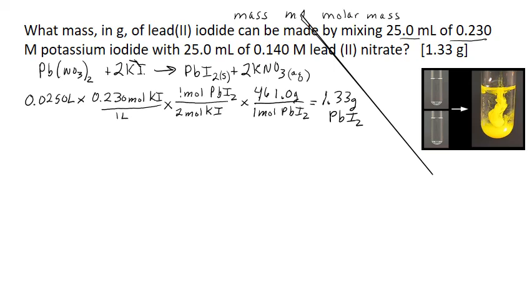That's possible from the potassium iodide. For the second reactant, the same volume is used, 0.0250 liters. The concentration is a little bit different. It's 0.140 moles for every 1 liter of the lead 2 nitrate. Once the number of moles is known, the mole-to-mole ratio can be used.